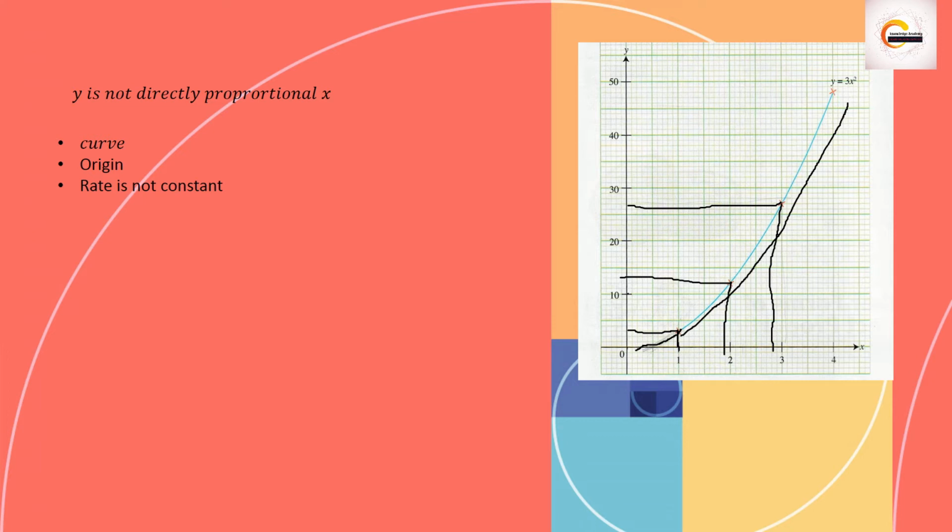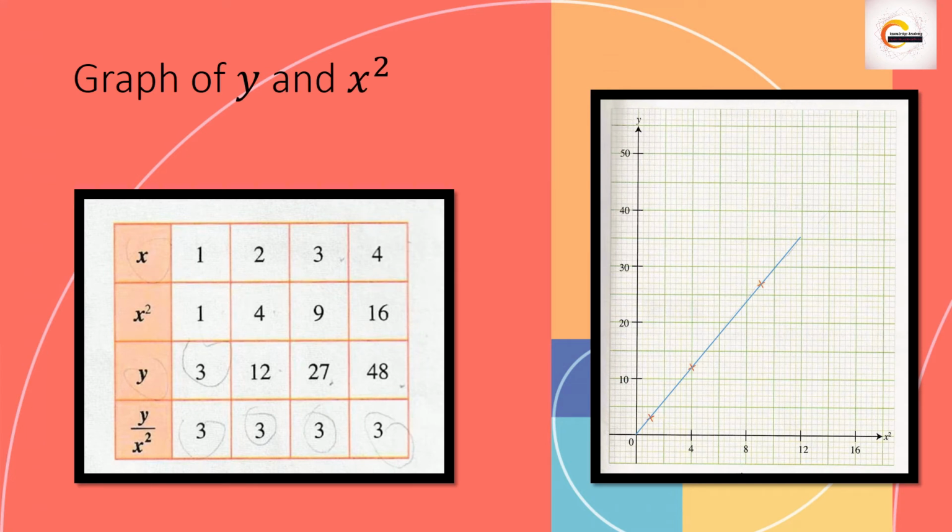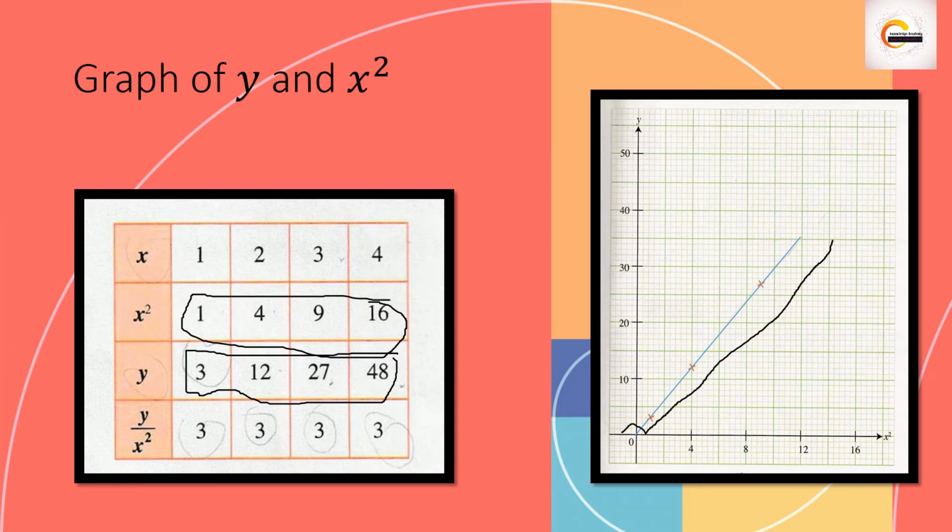Instead of that, if you plot a graph of y against x square, you can see a straight line which passes through the origin, and in all the cases of y upon x square, that means the rate is constant.